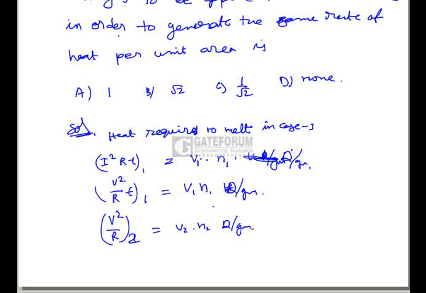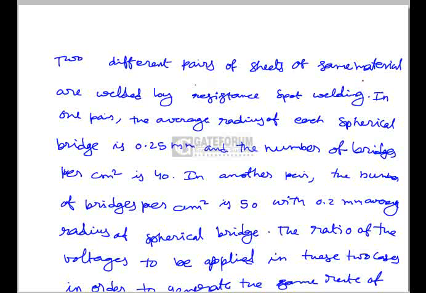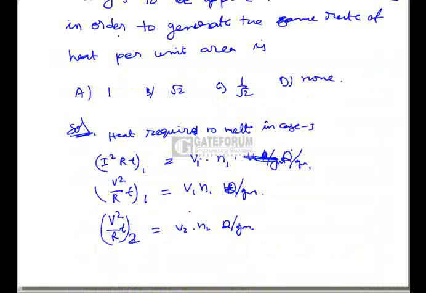But here we use the same material because two different pairs of sheets of the same material are welded by resistance spot welding. Because they are the same material, T1 is equal to T2 as well as R1 is equal to R2, such that Q per gram is also equal in both the cases.